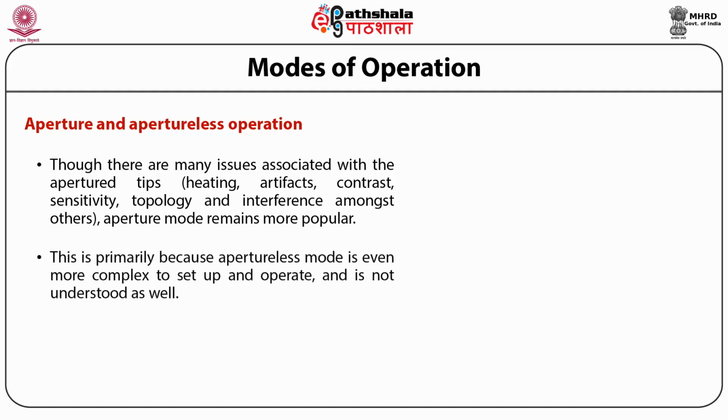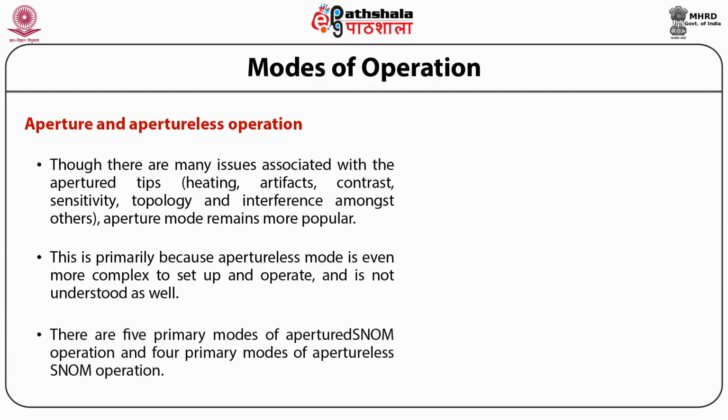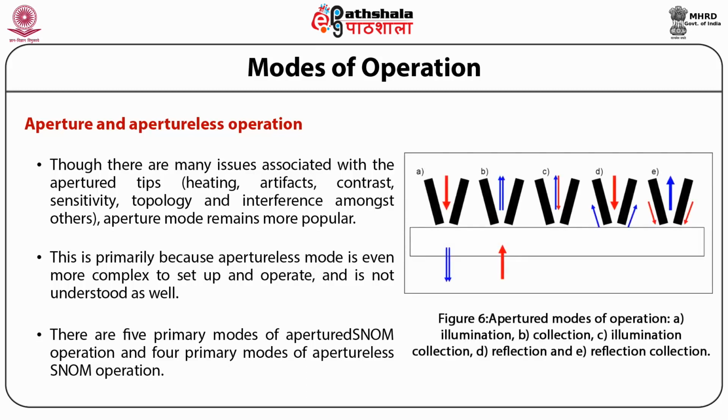This is primarily because apertureless mode is even more complex to set up and operate and is not understood as well. There are five primary modes of aperture SNOM operation and four primary modes of apertureless SNOM operation. The major ones are illustrated in figure 6.